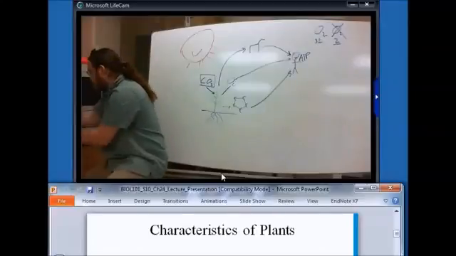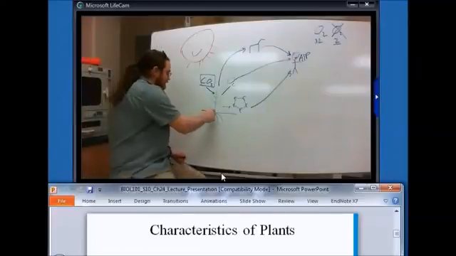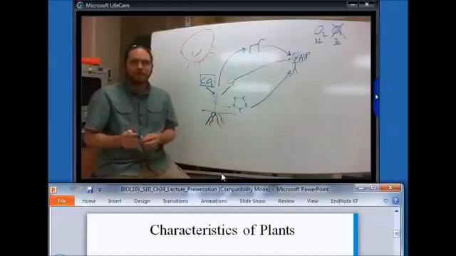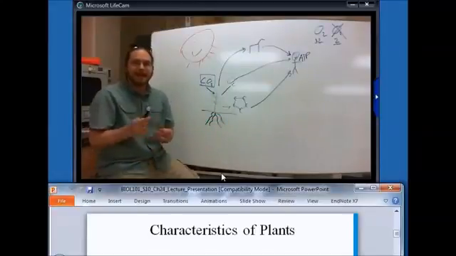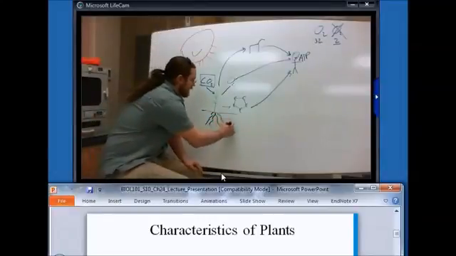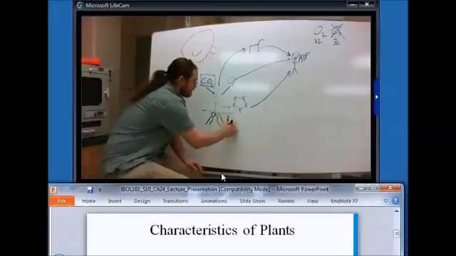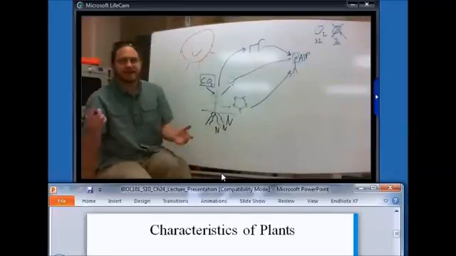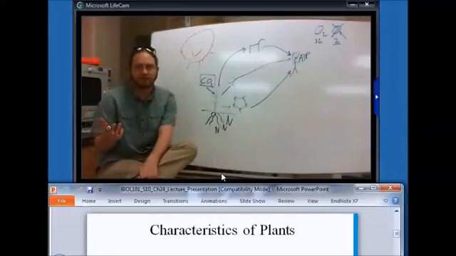If we take our roots over here on this plant that we've drawn, the roots again, and let's say that this plant, wherever it's growing, has a whole bunch of extra nutrients. Like, let's say there's a lot of nitrogen over here. What do you think that plant might do?